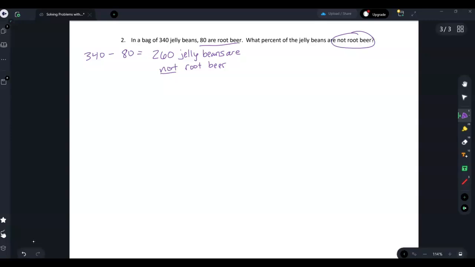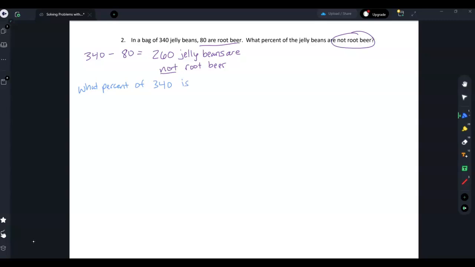And then from there, we could use either of our two different methods. So if I were to use the translation method, I think this would look something like, I'm going to summarize what it's asking, and it's really asking me what percent of, we know the total is 340, right?